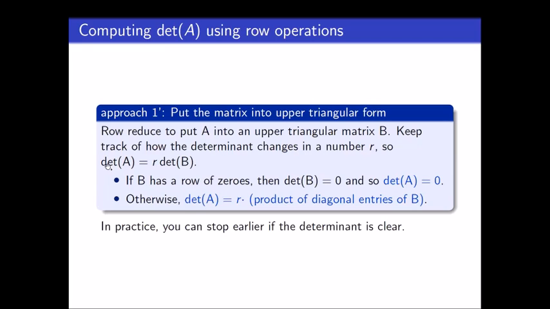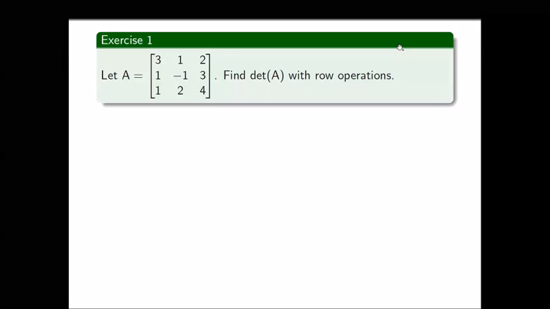And again, if determinant of A and determinant of B differ by a multiplicative factor of R, then if B has a row of zeros, then the determinant of B and therefore the determinant of A are both going to be 0. And otherwise, determinant of A is just going to be R.